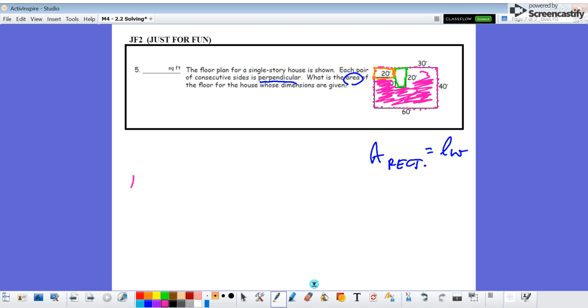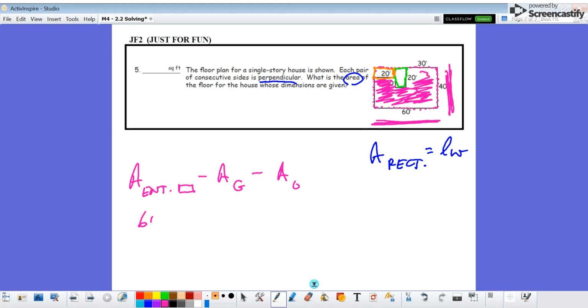So the area of the entire rectangle minus the area of the green minus the area of the orange should give me the area that I need to carpet. So my entire big rectangle is length of 60 and width of 40.